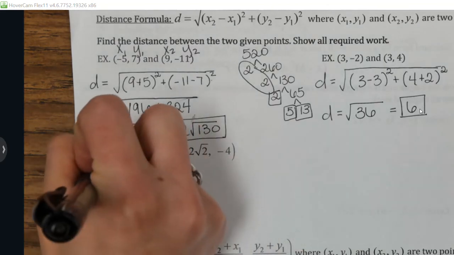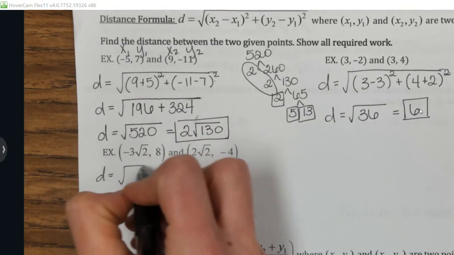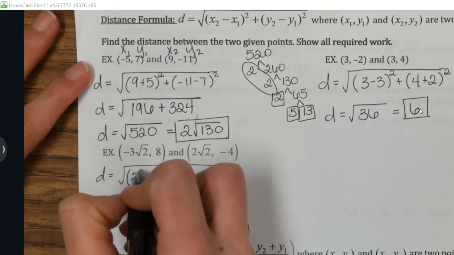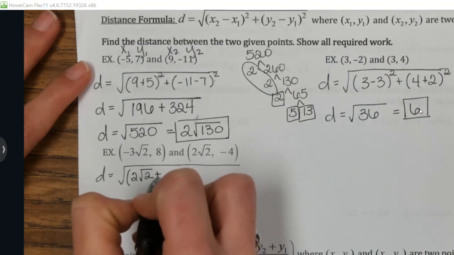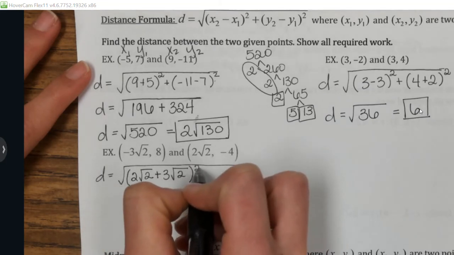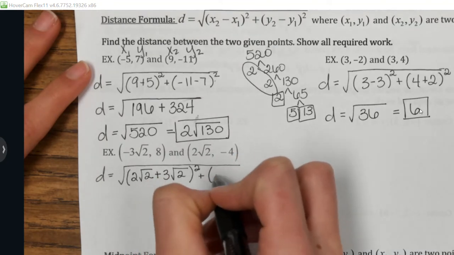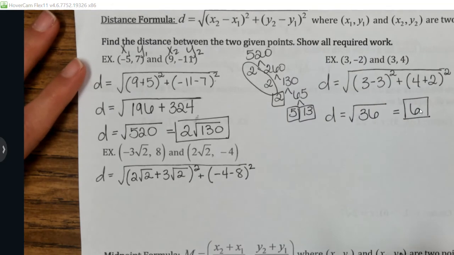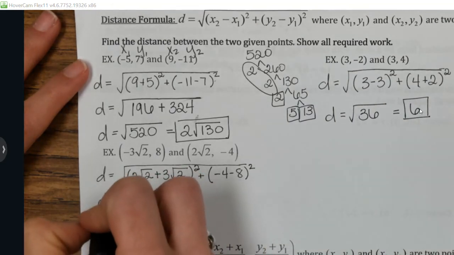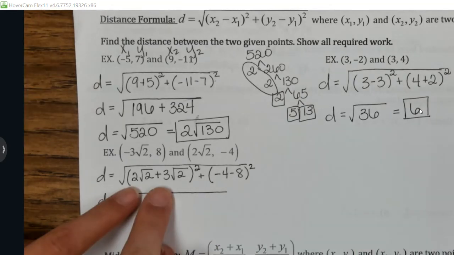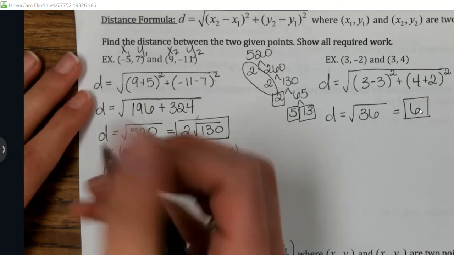Now, if you have radicals, you're still going to treat that the exact same way with the same formula. So I've got 2 square root of 2 minus negative, so it turns into a positive 3 square root of 2, squared, plus negative 4 minus 8 squared. Yeah, so this is going to give you 5 square root of 2. 5 square root of 2 squared is going to be 25 times 2, which is 50.